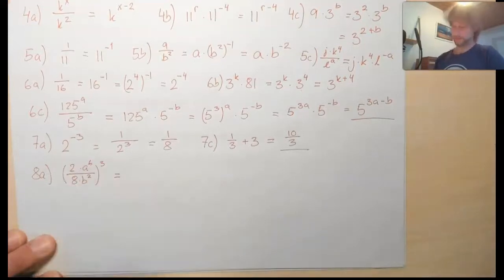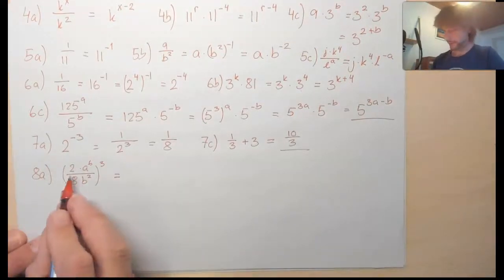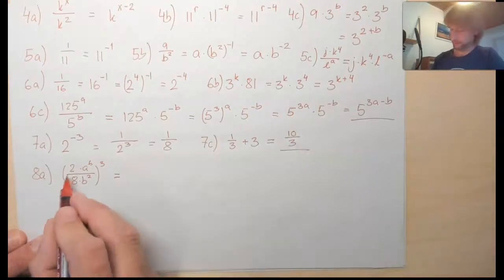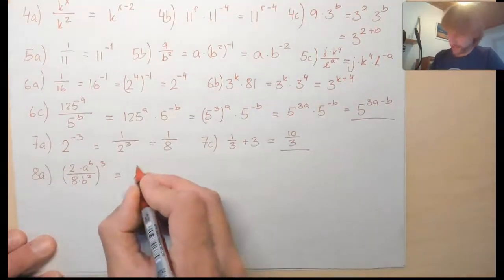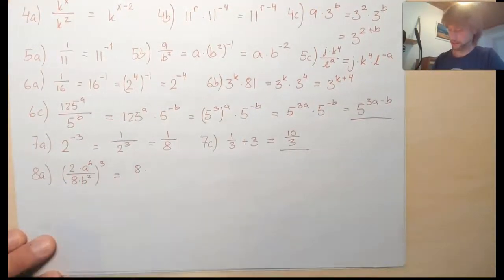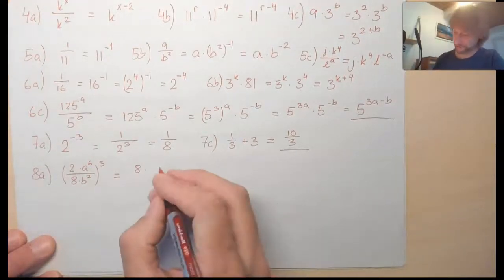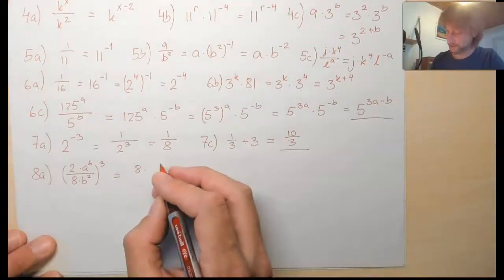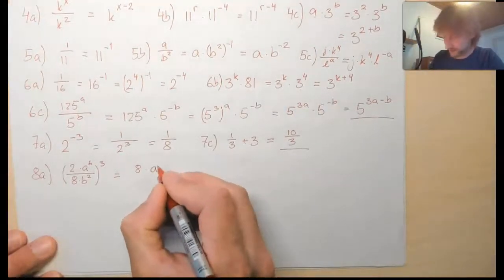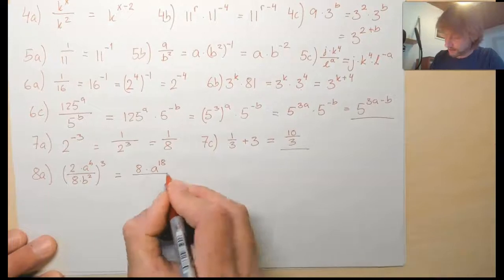A product raised to the power of 3 we do by raising each factor to the power of 3. So 2 to the power of 3 is going to be 8, multiplied with a to the 6 to the power of 3. Subsequent powers, so it's going to be a to the power of 6 times 3. That's a to the 18th.